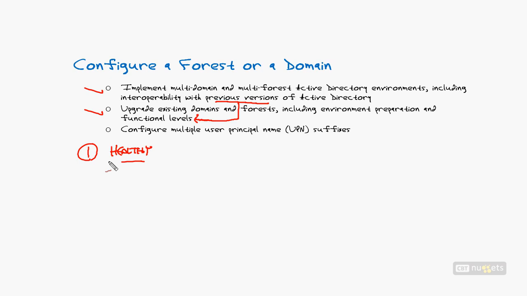I would ensure that you have correct DNS records. We'll talk about what those DNS records are as well. And make sure that your domain controllers are also correctly auto-registering their DNS records. Look for event log warnings. Make sure you have backups of everything. The first step in any upgrade is to make sure you start with a really healthy domain first.